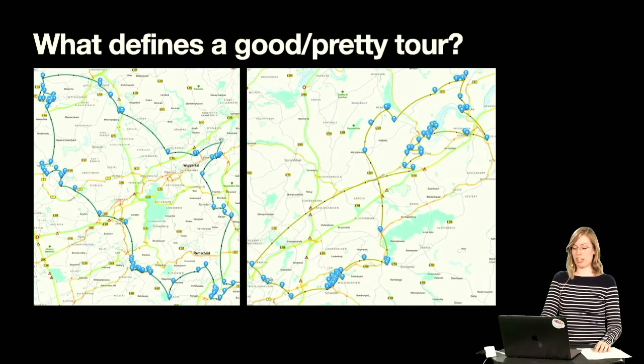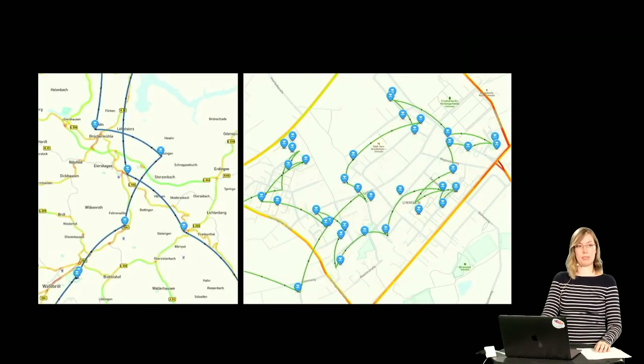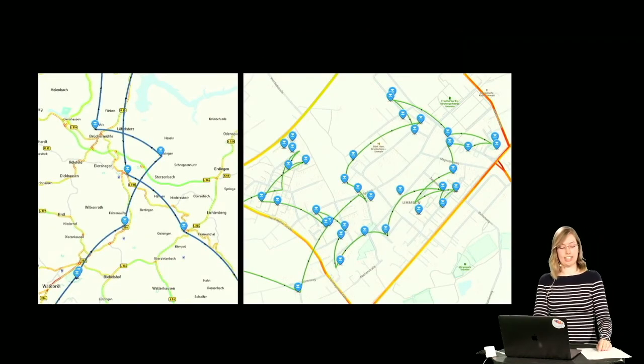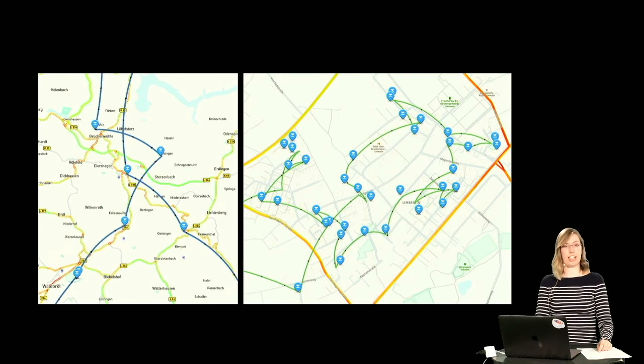So I have another example. You can see again, left is a crossing, but this doesn't have to be a bad thing. You can see from the streets that in the end he wouldn't actually drive a crossing. He would just drive around every single stop.